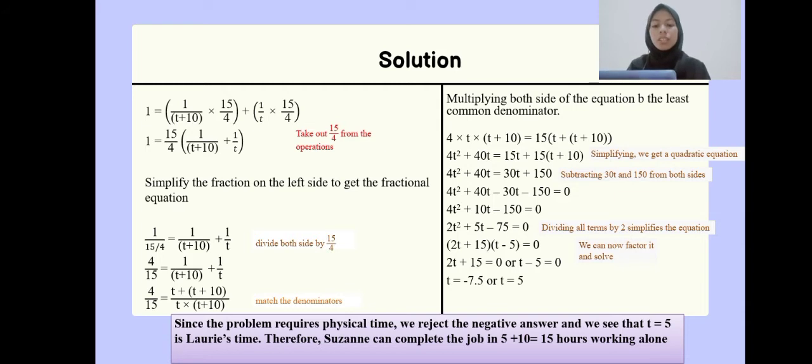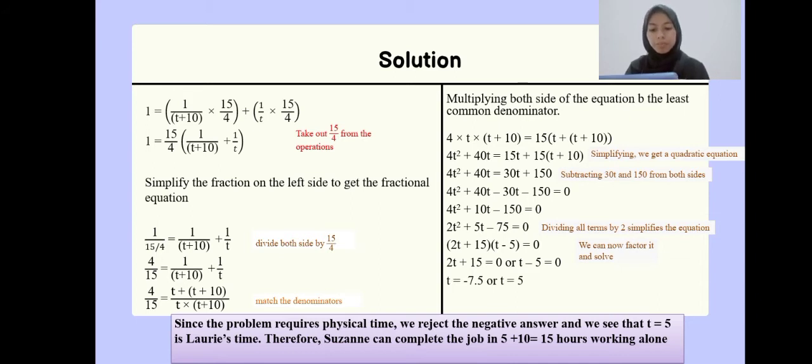So simplifying, we get a quadratic equation. So 4t squared plus 40t is equal to 15t plus 15 times open bracket t plus 10 close bracket. And then subtracting 30t and 150 from both sides.